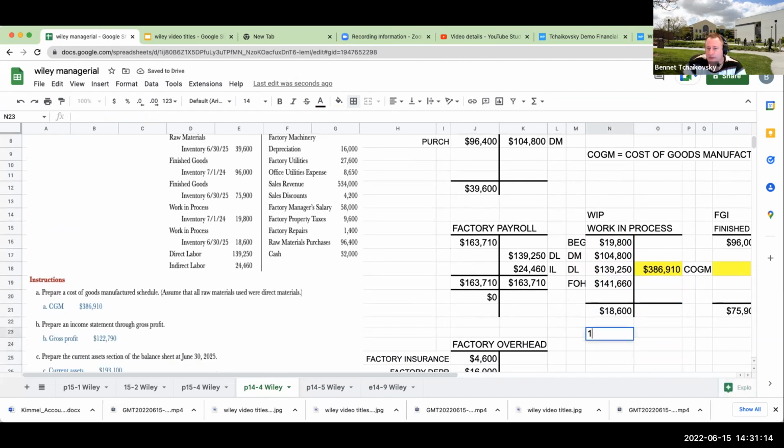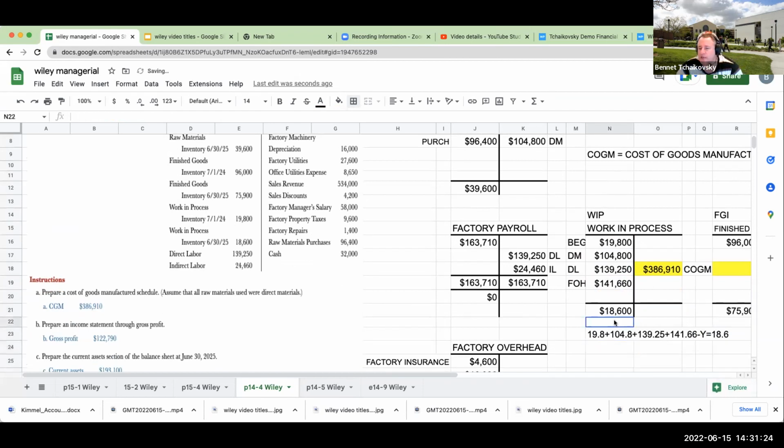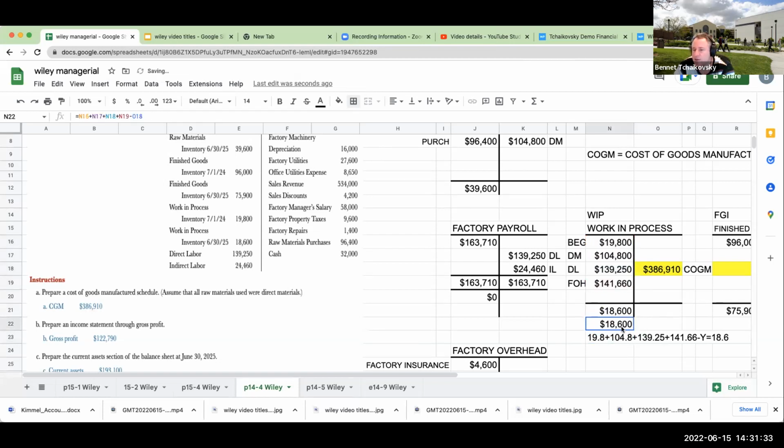How did I do that? Well, 19.8 plus 104.8 plus 139.25 plus 141.66 minus Y equals 18.6. So essentially, I just want to check my work: 19.8 plus 104.8 plus 139.250 plus 141.660 minus 386.910 equals 18,600.